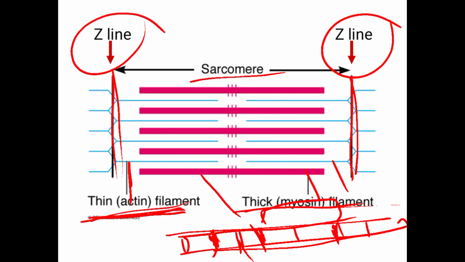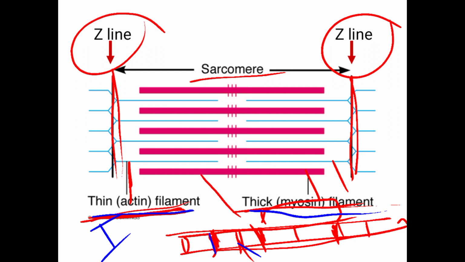The thin filament, also called the I band, is made up of actin, tropomyosin and troponin. Then the thick filament, also called the A band, is made up of only myosin protein, the myosin molecule.